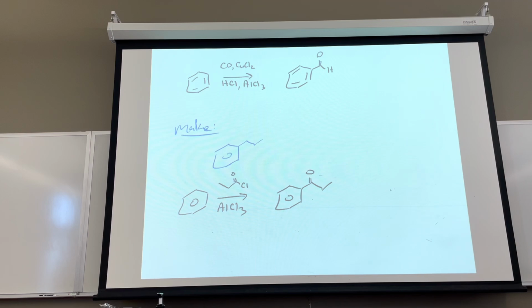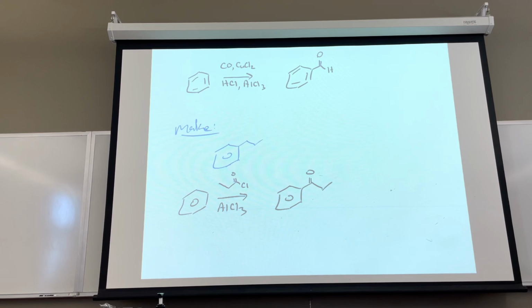Well, I mean, it's nice that I put a 3-carbon group on the ring, but it's not exactly propylbenzene at this point, is it? The issue is these benzylic ketones that the Friedel-Crafts acylation allows you to make are very, very easy to reduce.